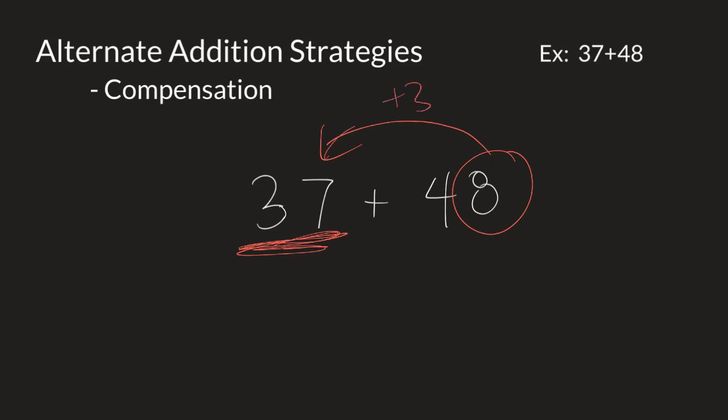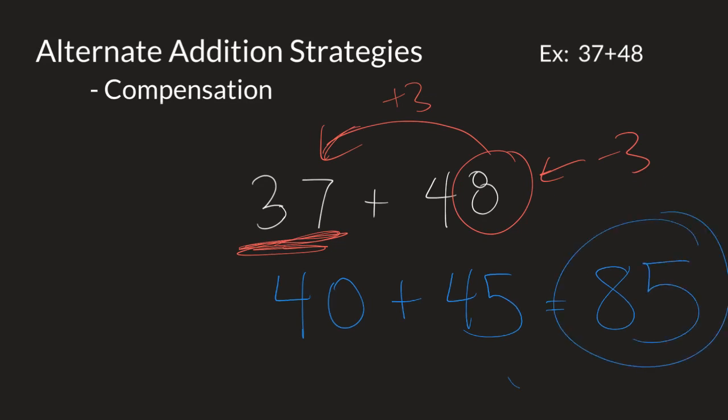If I added 3 from here, I would have to take away 3 from there. So our equation would then be 40 plus 45, which would equal, you guessed it, 85. And that is compensation.